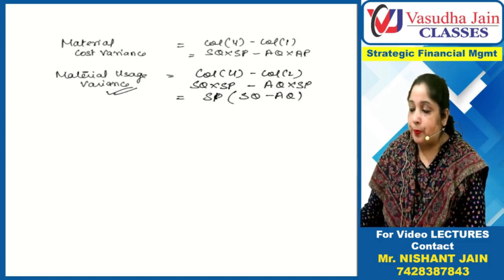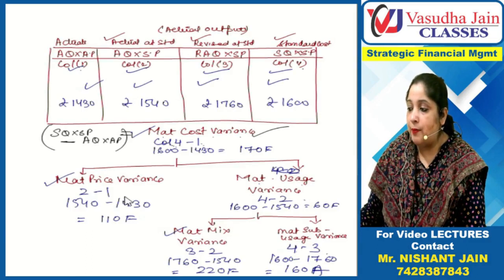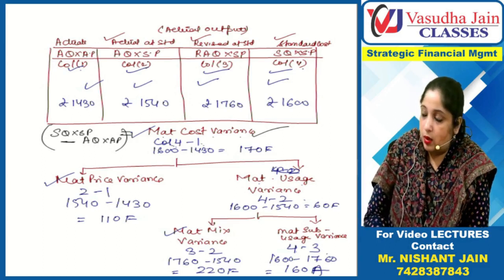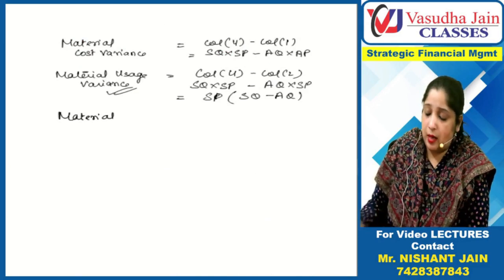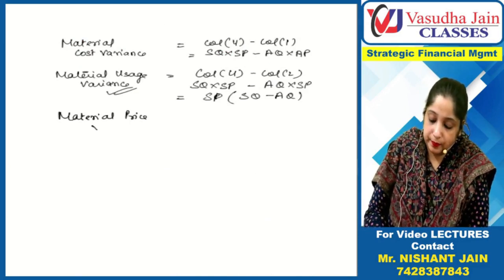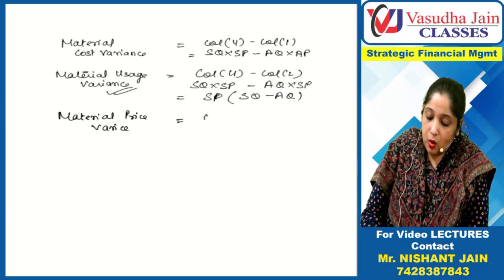Going back now, what was the second part? Material price variance, column 2 minus 1. What is column 2? AQ into SP, AQ into AP. Don't worry, I'll write properly. Column number 2 minus column number 1.